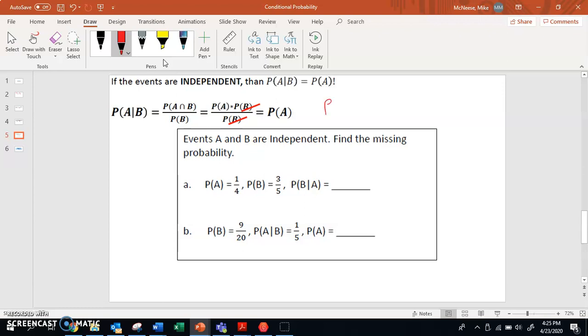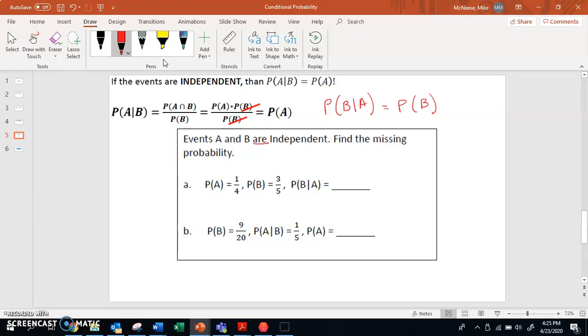The same can be said for the probability of B given A. If you are trying to find probability of B given A and you know that these are two independent events, then this is just going to equal the probability of B. So just a couple examples here. Events A and B are independent, so we already know they're independent of one another. Find the missing probability.